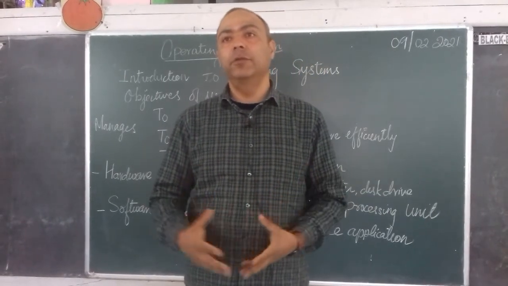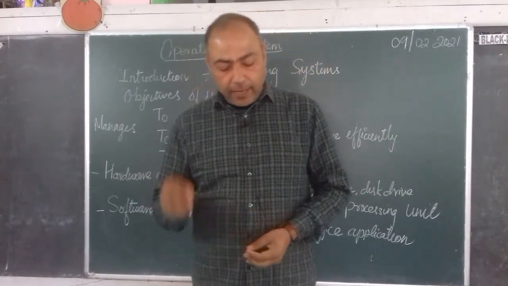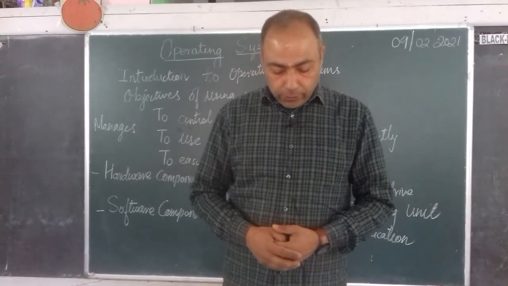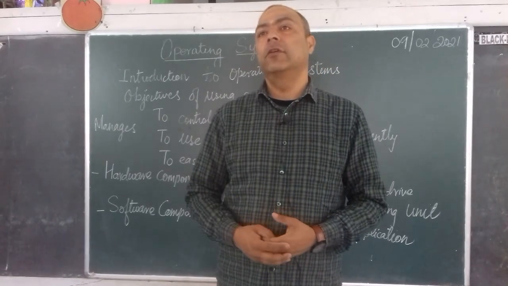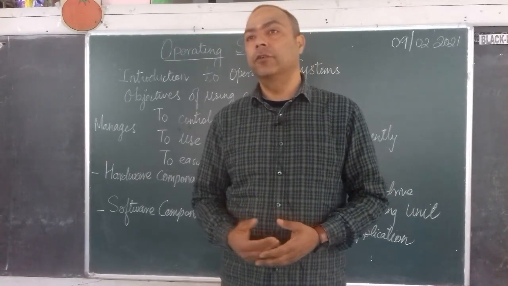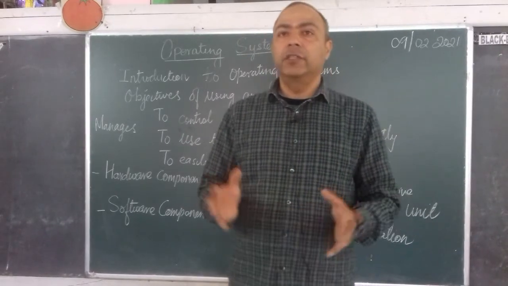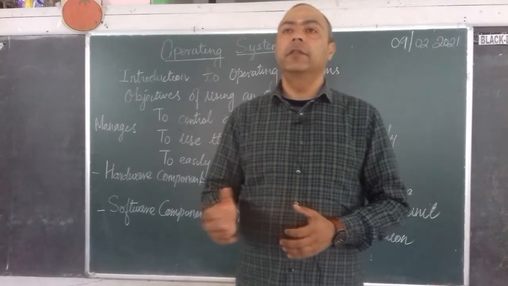The operating system is an example of system software, and application software enables the user to complete tasks using different applications, such as Microsoft Office and DTP packages. Different types of software which are used for a specific purpose, such as accounting software, are application software.